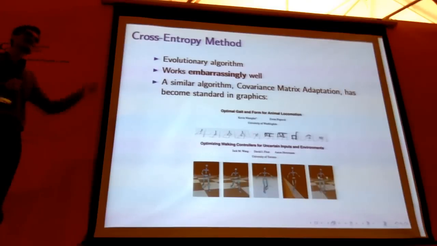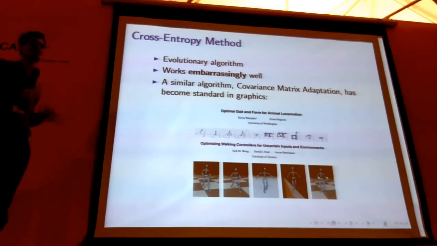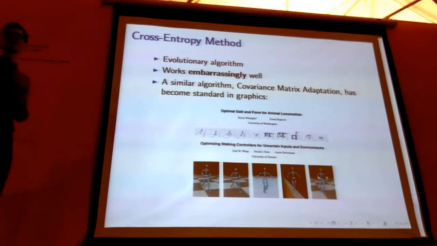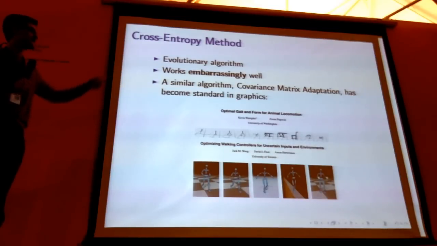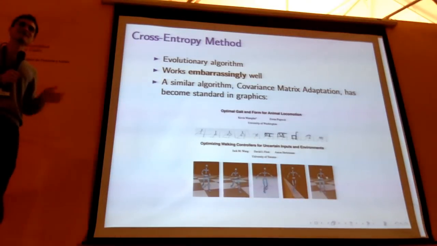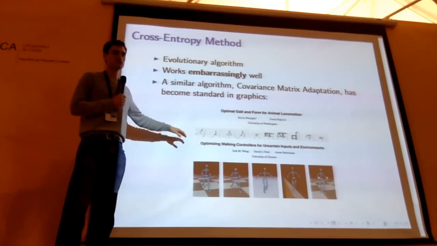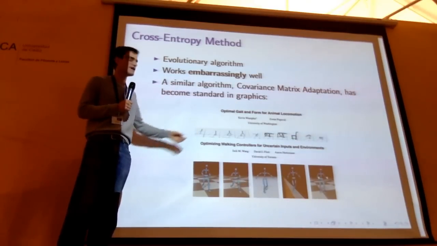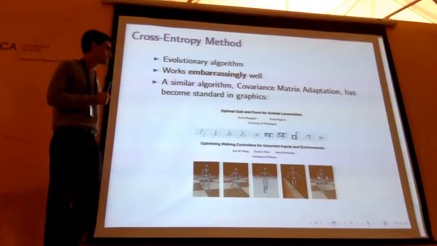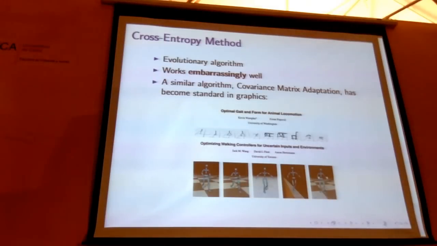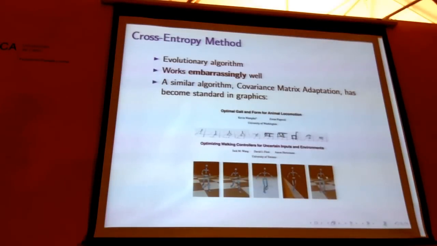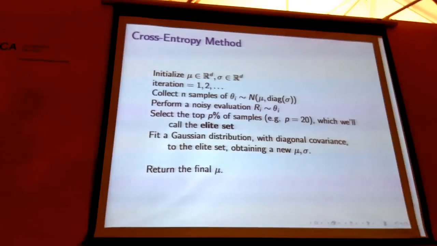At every SIGGRAPH, there are papers about using CMA to optimize different kinds of things. For example, people have been using it to optimize locomotion controllers of characters. These are a couple of papers that do that. The point is they're still optimizing fairly low-dimensional policies, less than 100 parameters. So that's where these methods work really well.